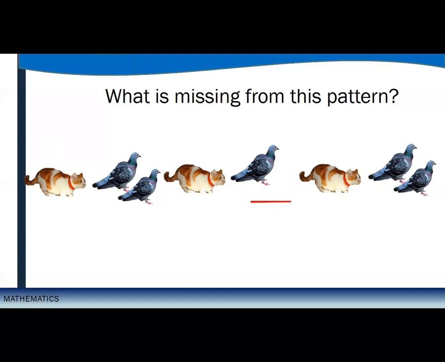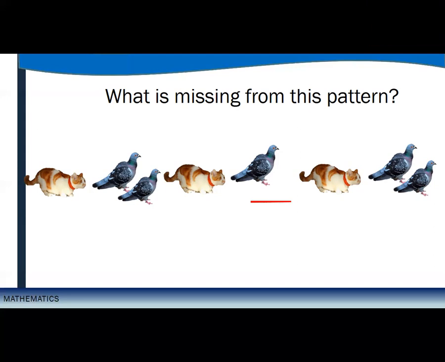Here we see one cat, then 2 birds, then another cat, and 1 bird, and a mystery spot where that red line is. Then another cat and 2 birds.